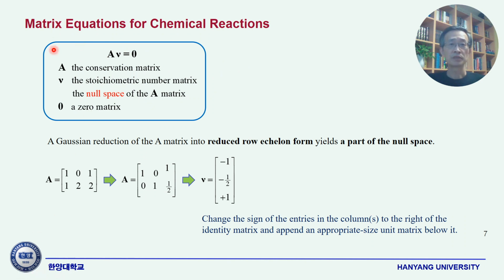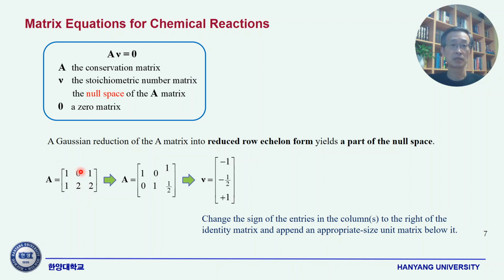So the matrix equation is written in this way. We have just seen A, a matrix, times Ni, a vector, equals a null vector. In this case, A is called a conservation matrix. Conservation means which species are there, or found. So 1, 1 is carbon monoxide, 0, 2 is oxygen, 1, 2 is carbon dioxide.